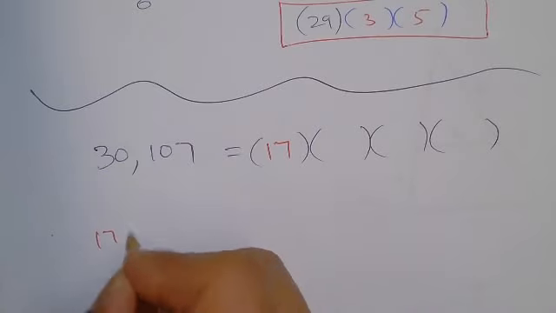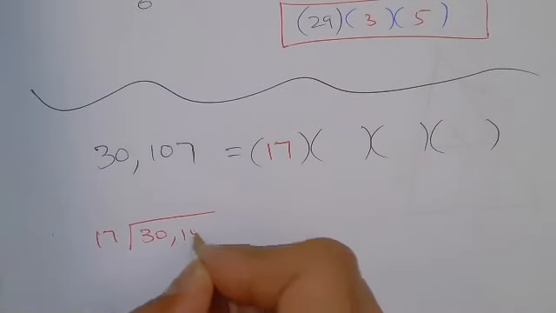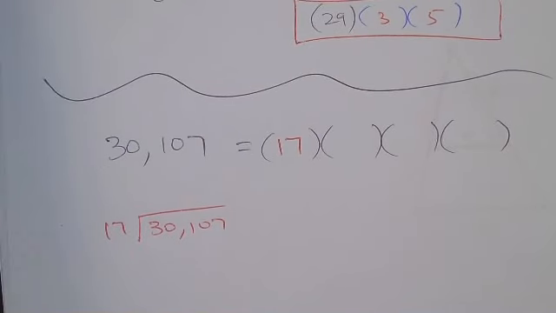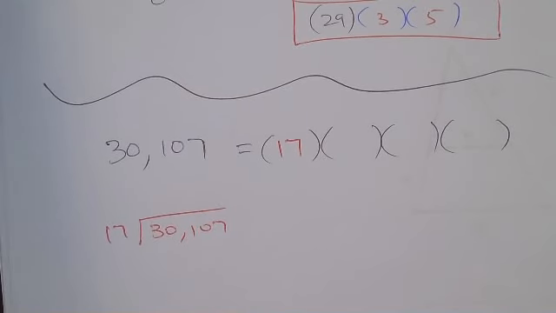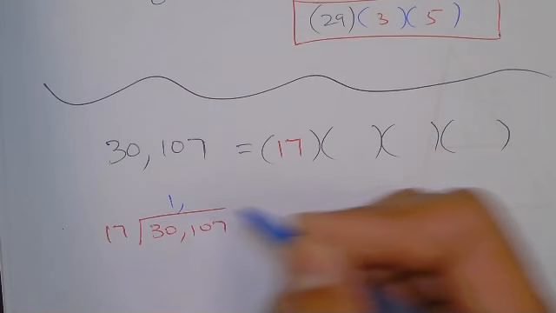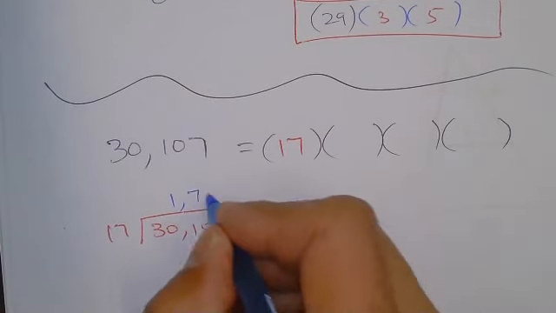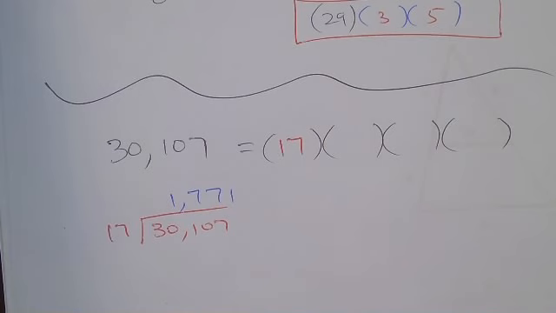Well, you would divide. You're going to divide by 17, but I'm sure you're not doing the long division. You're using your calculator. Is 17 a factor of 30,107? Yeah. What do you get? 1,771. Does everybody agree with that?